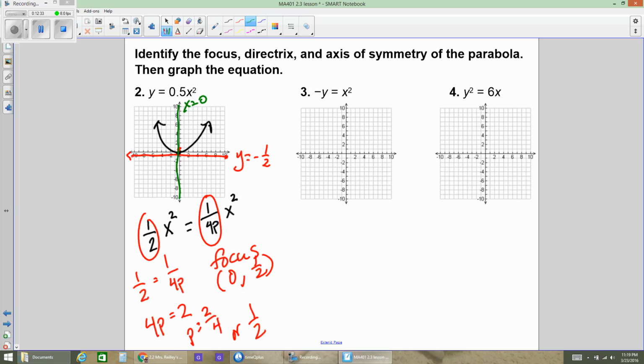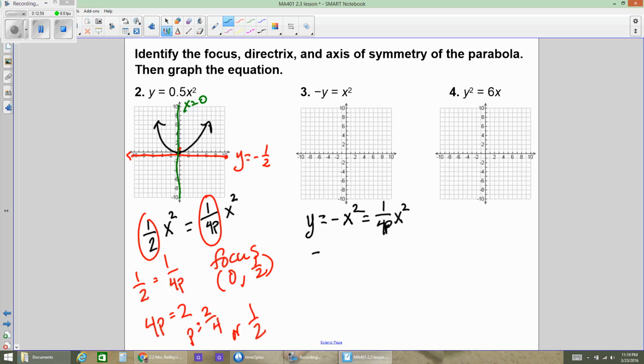All right, number 3, negative y equals x squared. Well, first and foremost, you need standard form. And remember, that is going to be equal to 1 over 4p x squared. Because it's an x squared, you're opening up or down. Because it's negative, you know you're opening down.